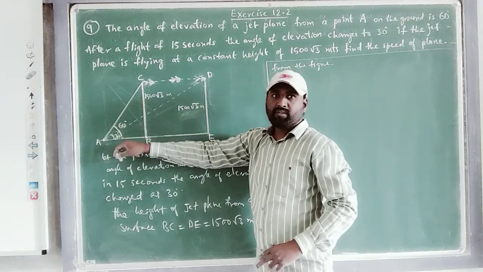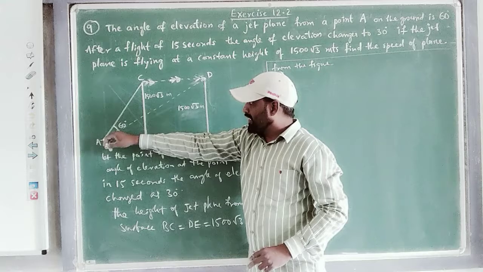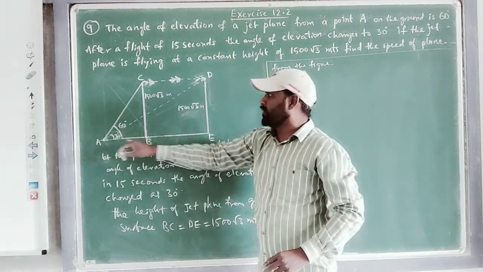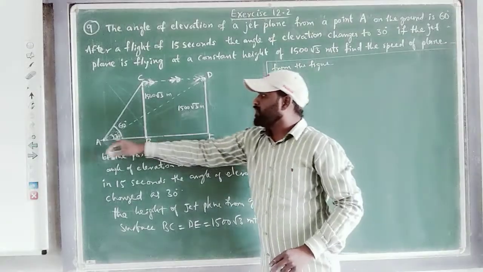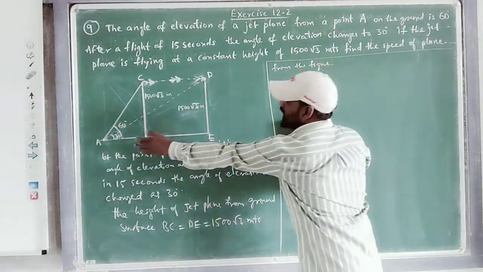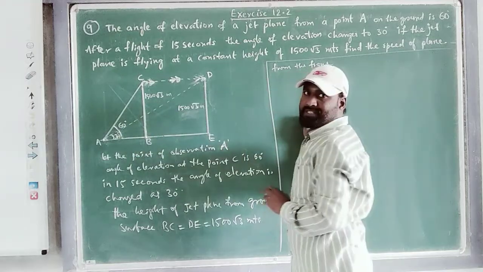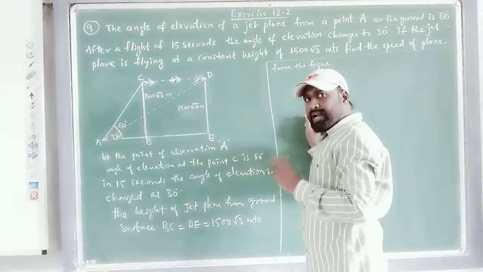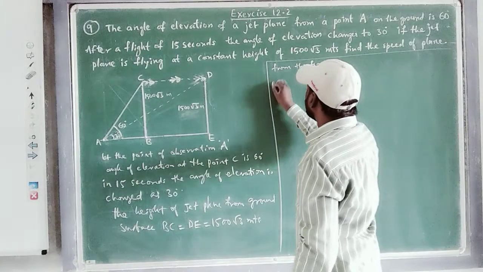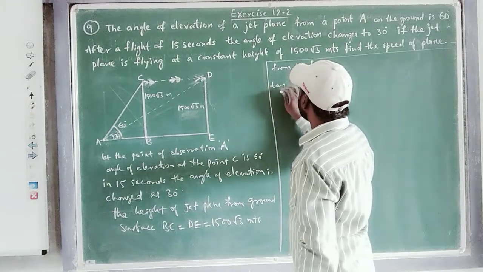So with respect to 60 degrees, I want to find the distance from A to B. This is the adjacent side, this is the opposite side. What is the relation? The trigonometric ratio tan.